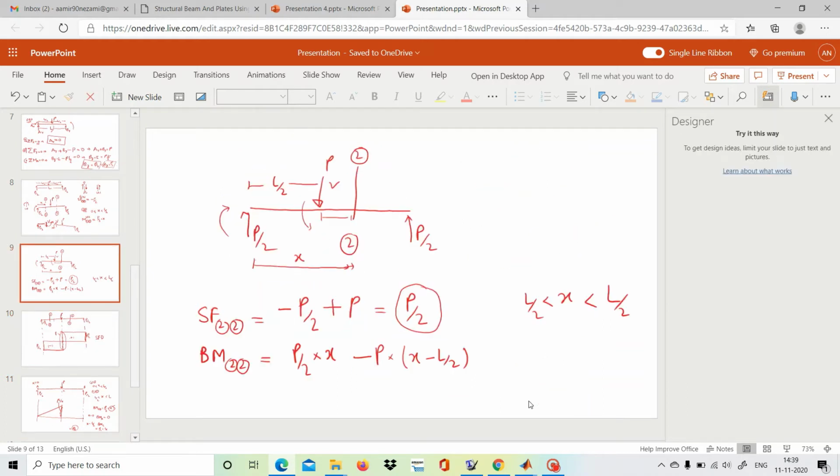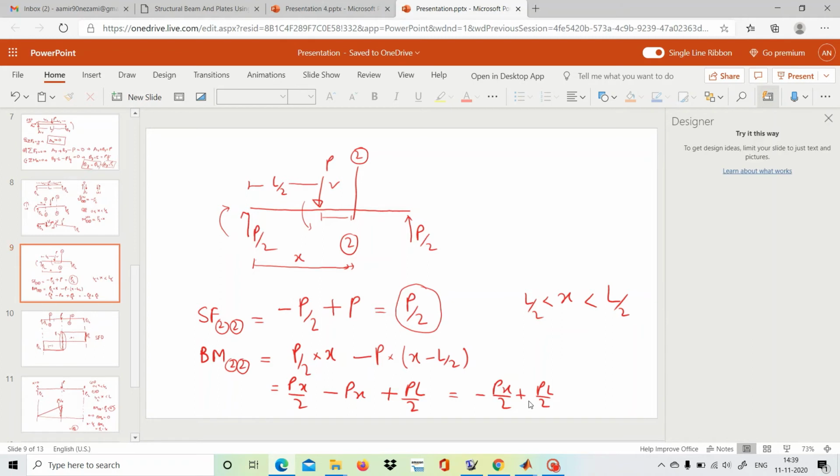Here it's given P by 2 into X minus P into X minus L by 2. So we can solve it here for ease. PX by 2 minus PX plus PL by 2, so it would be minus PX by 2 plus PL by 2.